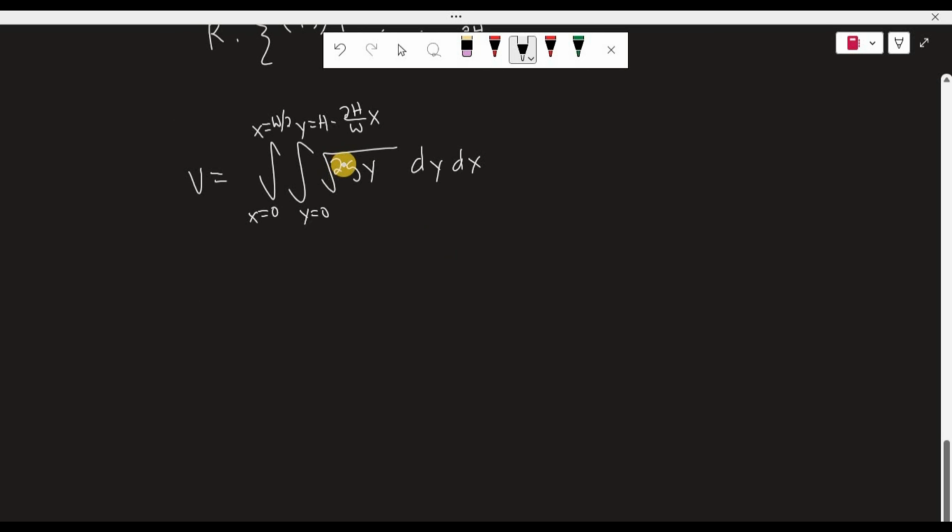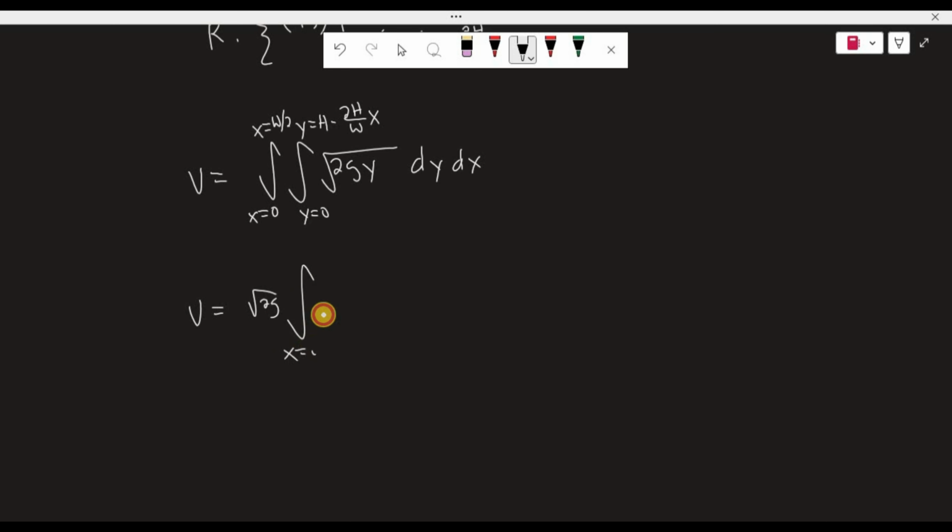Now we can break down this expression, and we are going to write the square root of 2g at the front because this is just a constant term.